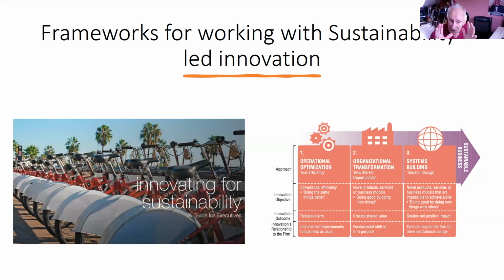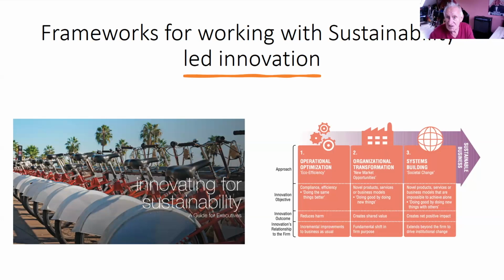So the first area, we were looking at operation optimization, the kind of eco-efficiency thing. And this is really doing what we do, but better. So it's classic incremental innovation. It's increasingly driven by compliance. You have to do this stuff by law, but it's also in self-interest about efficiency.